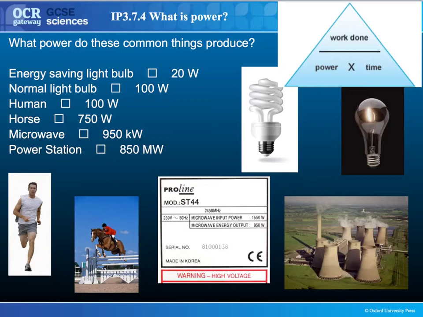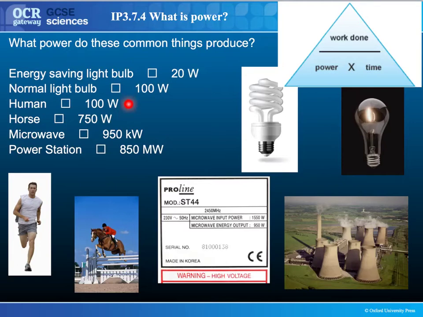In terms of appliances, generally speaking, if an appliance involves heating or movement, it requires a higher power rating than if it does not. So you can see here that we've got a microwave which has a really high power rating, 950 kilowatts, compared to a light bulb and an energy saving light bulb which have 100 and a 20 watt rating.